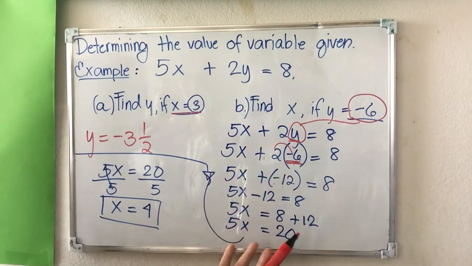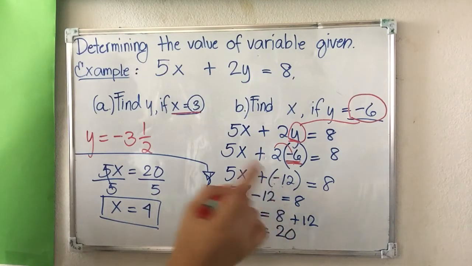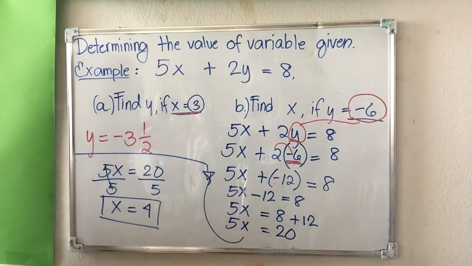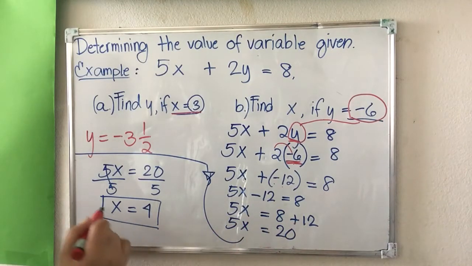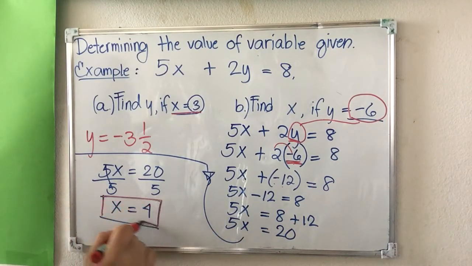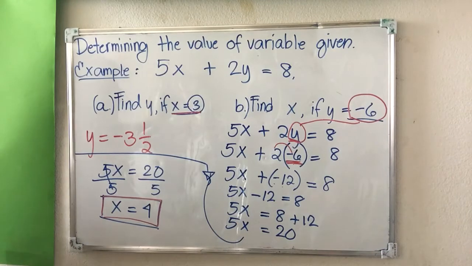Okay, the rest is simplifying. So that is positive and negative, our rules in integers. Unlike signs, of course, that is negative. So continue, and we end up with x is equal to negative 4. Okay, do you understand?